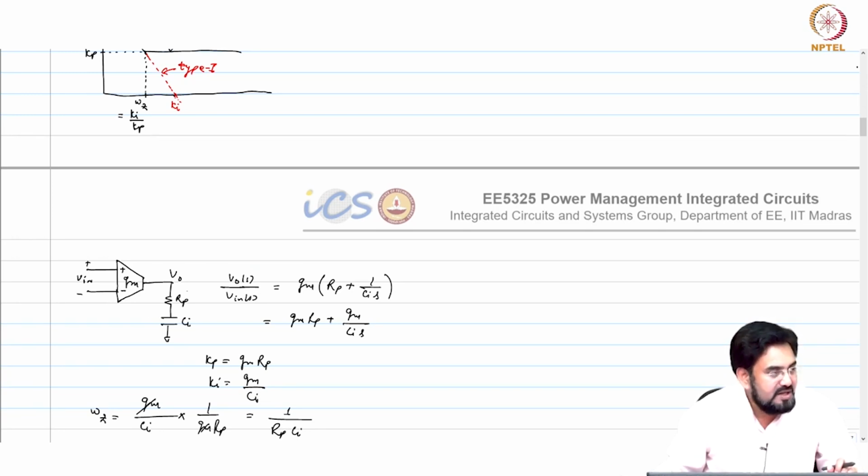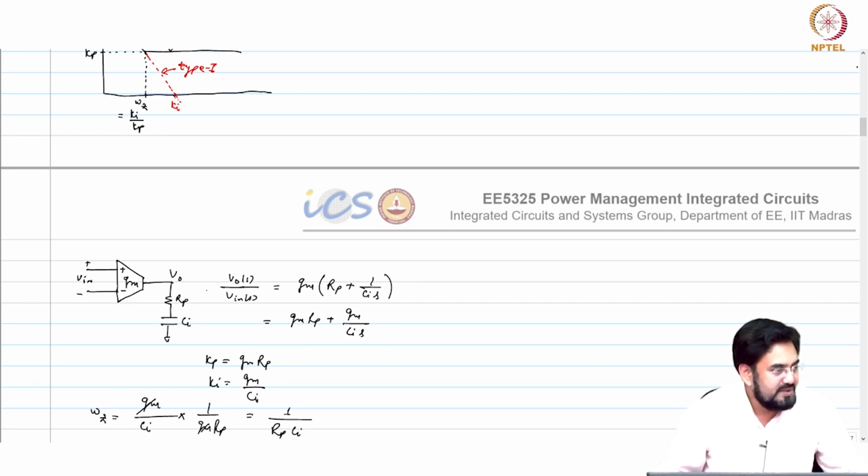So, the larger your RP is, the more ripple will appear here, okay, because in the feedback signal you have, that has some ripple component, that will get amplified by GM RP. Okay. So, if RP is larger, then that ripple will be higher, and in order to suppress that, we put another cap in parallel with this or directly at the output of your compensator. So, that pole will appear at, so it will have a pole.